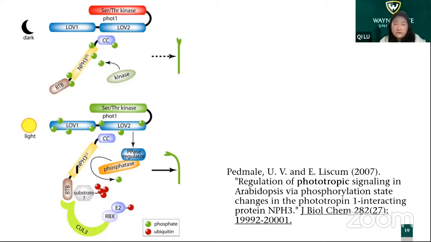So for the phototropin, in the dark it forms a folding.